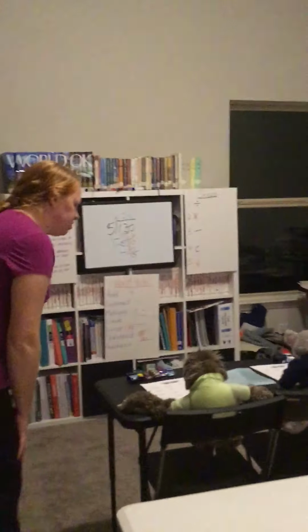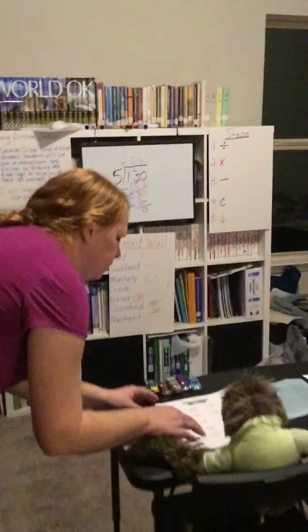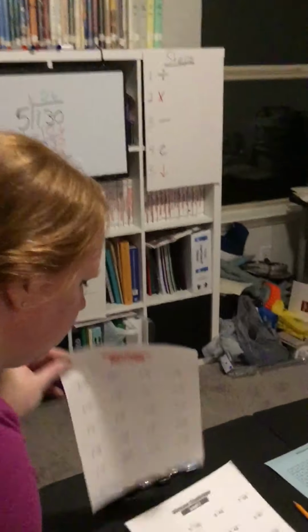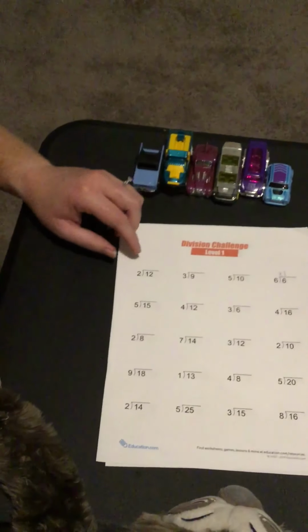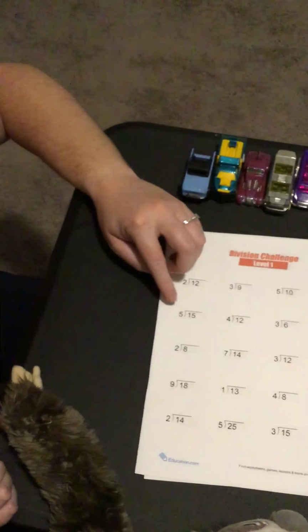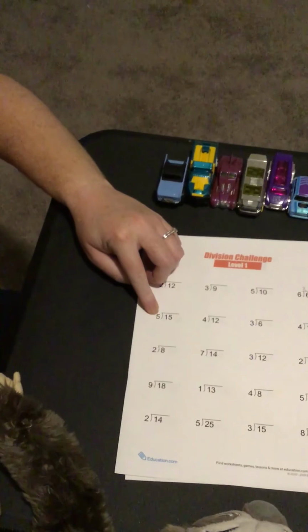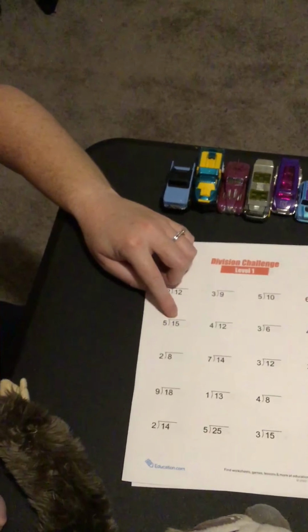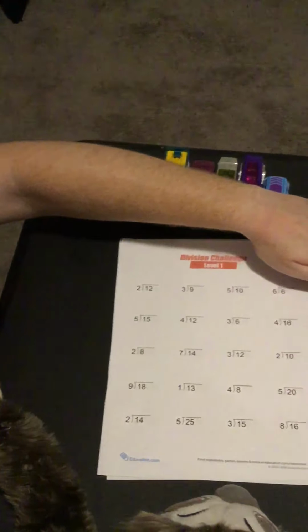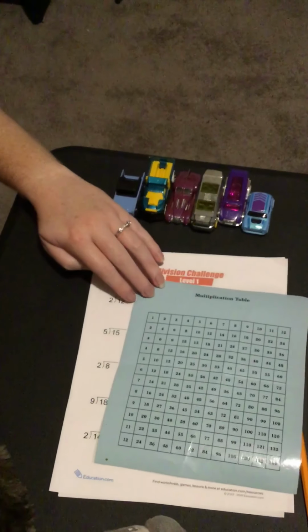All right, Mr. Sloth. You're still stuck on this one, correct? Good. Okay, let's go to this one. 5 divided by 5. How many times can 5 go into 15? I want you to look at your sheet here.